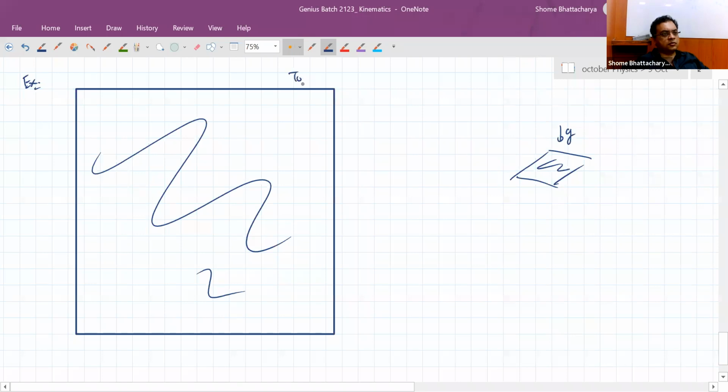Now, what is happening is that we have two particles of same mass m, which are joined by a thread or string which is slack, loose right now.